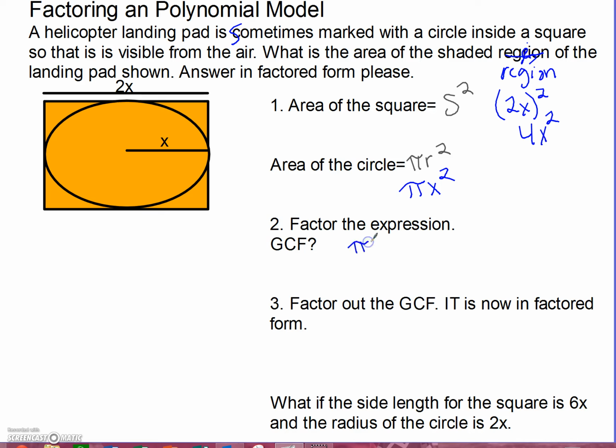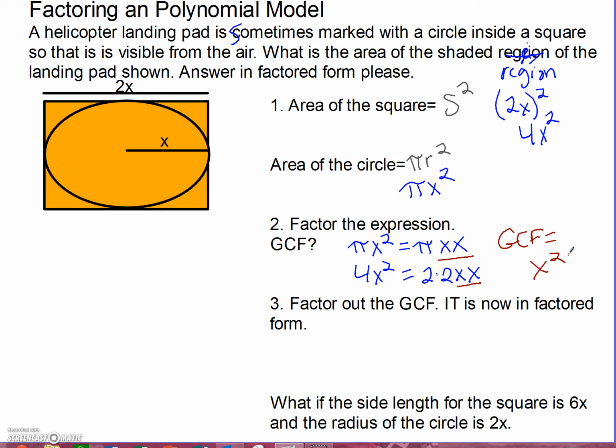Okay, so we're going to see if they have anything in common. So we have pi x squared and we have 4x squared. Okay, so if I pull this out, I would be left with pi times x, and then I would be left with 2 times 2 times x. So what do they have in common? Okay, they have 2 x's in common. Okay, so the GCF should be x squared.